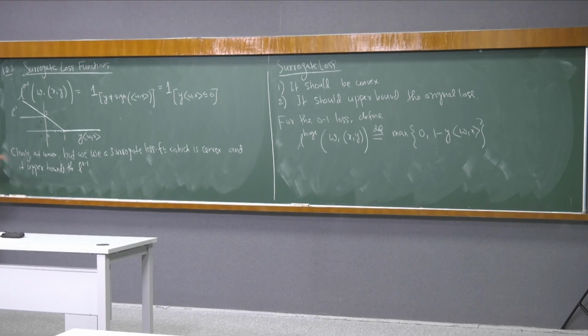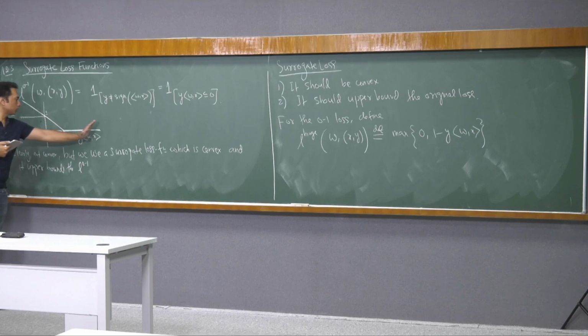I'm looking at the y wx. So if y wx is greater than 1, then 1 minus y wx is negative, and the maximum of 0 and a negative will be 0, right? So that makes sense, that from here onwards it is 0.